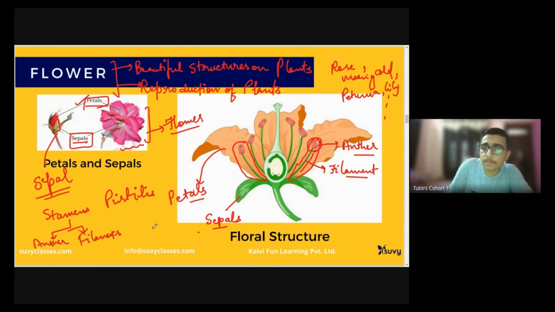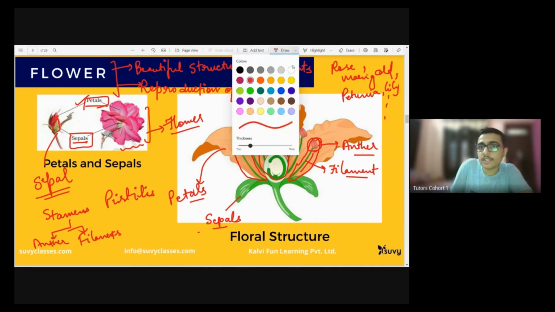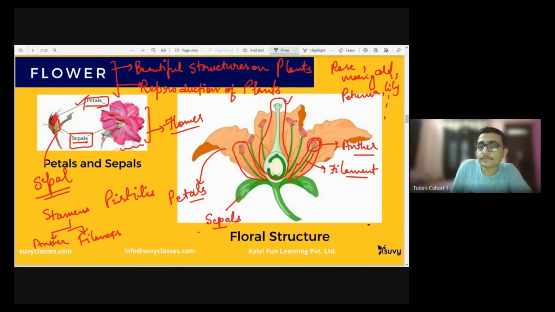If I talk about the pistil, this is pistil. It has three parts. Again, we'll change the color for clarity. This top part is known as stigma.